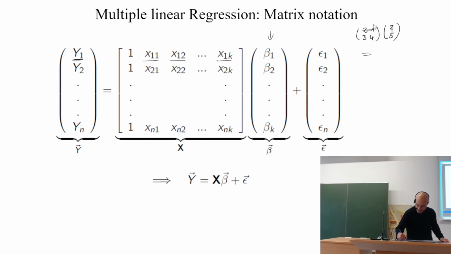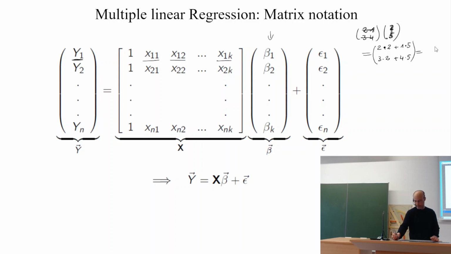And what you have to do is taking the first number here times the first number in the vector and the second number here times the second number in the vector. So what you obtain then is again a vector with the first entry 2 times 2 plus 1 times 5, and the second entry would be then 3, 4 times 2, 5. So 3 times 2 plus 4 times 5.